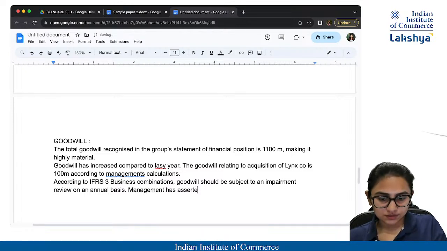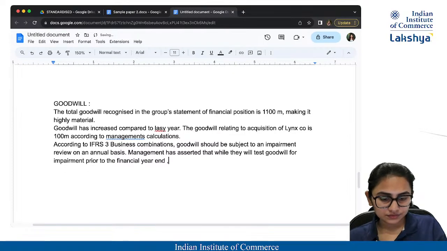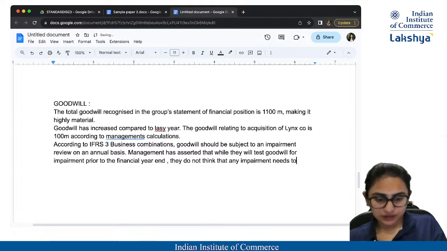Management has asserted that while they will test goodwill for impairment prior to the financial year end, they do not think that any impairment needs to be recognized.